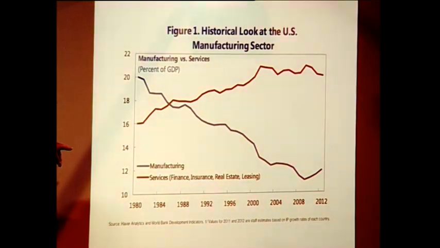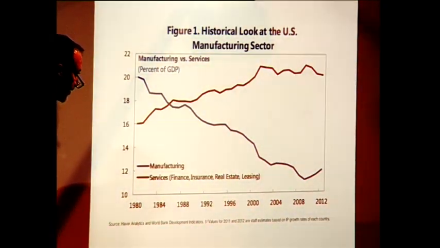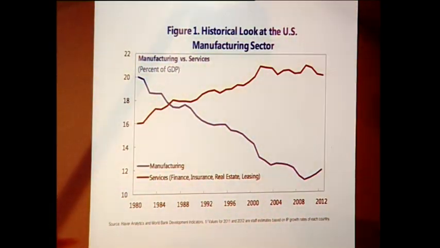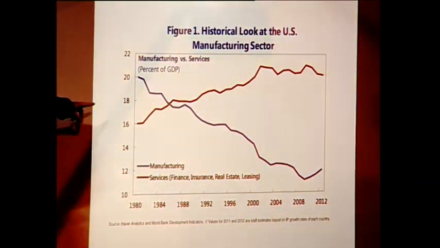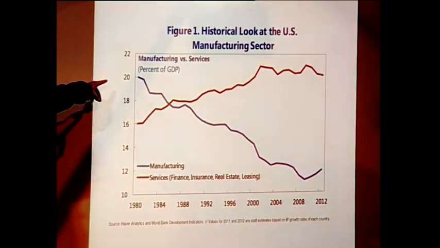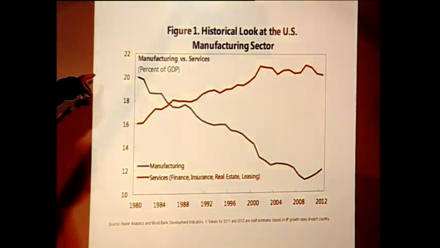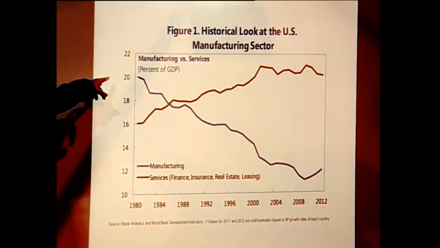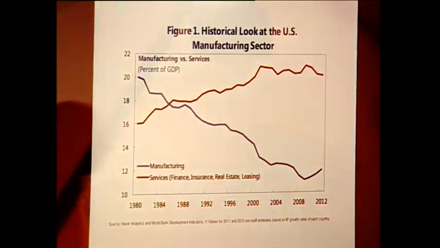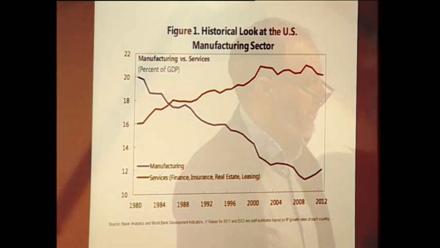So you can see that starting from 1980 to 2012, this is not very recent. As percentage of GDP, the United States manufacturing sector used to contribute, let's say in 1980, 20% of US GDP.